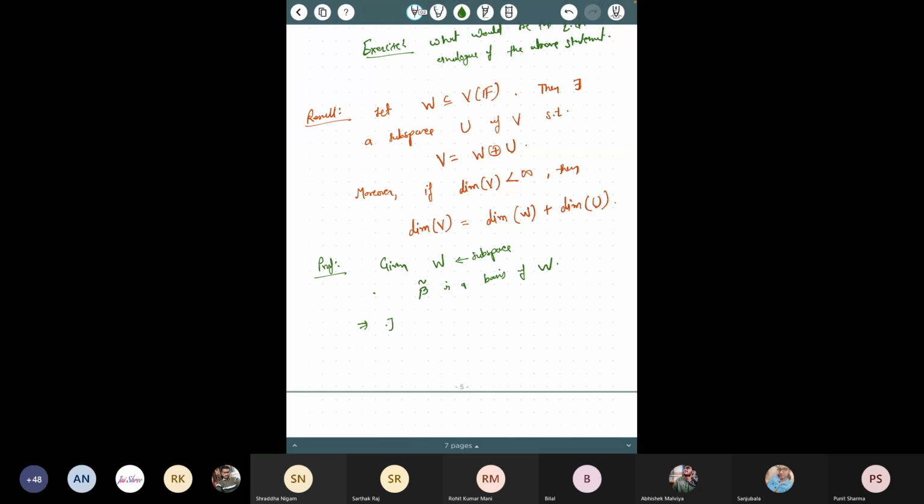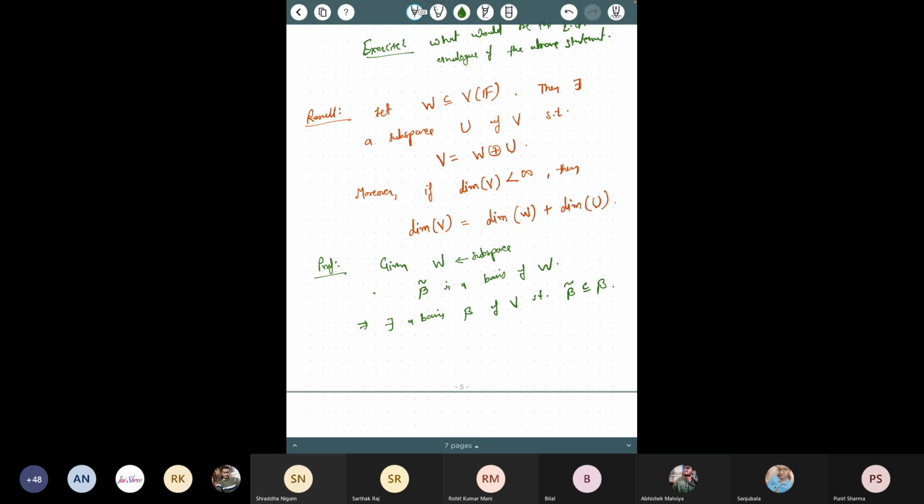This implies there exists a basis B of V such that B tilde is a subset of B.